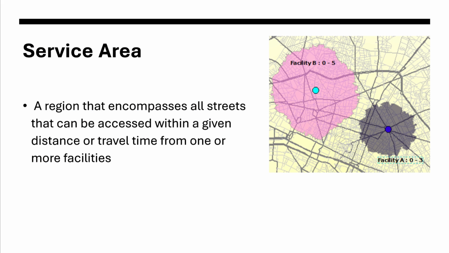in a city. So first of all, a service area is a region that encompasses all streets that can be accessed within a given distance or travel time for one or more facilities. We can see on the picture there are two different facilities, the points, and around them we can see some sort of buffer, but it's not round like we'd used for homework 2.